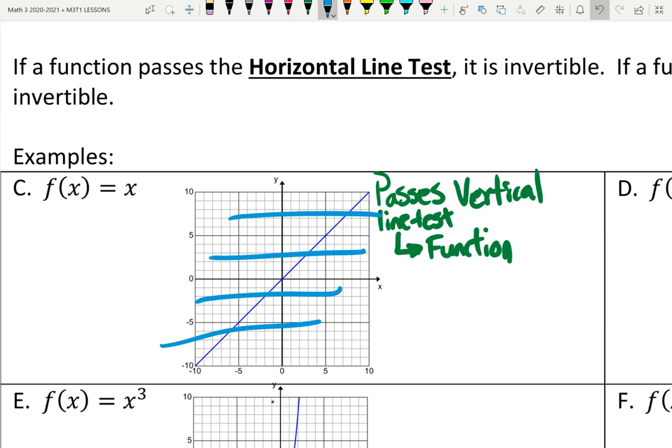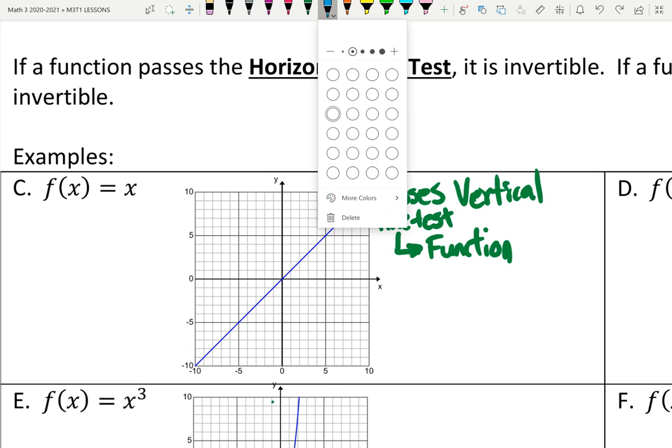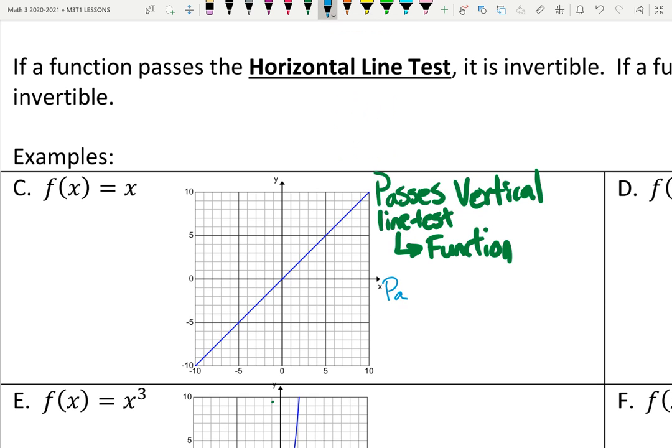Notice how all those points only go through the graph one time. So it would be considered to pass the horizontal line test. Meaning it is not invertible. Or it is invertible. My bad.